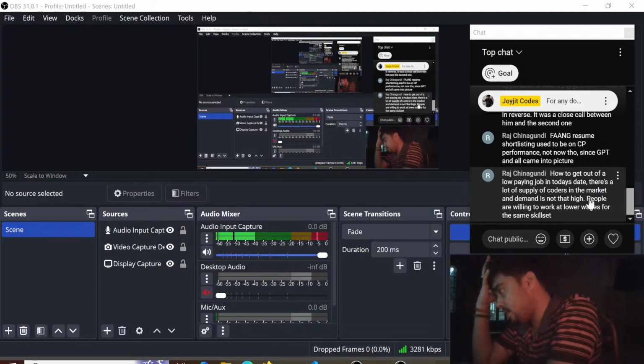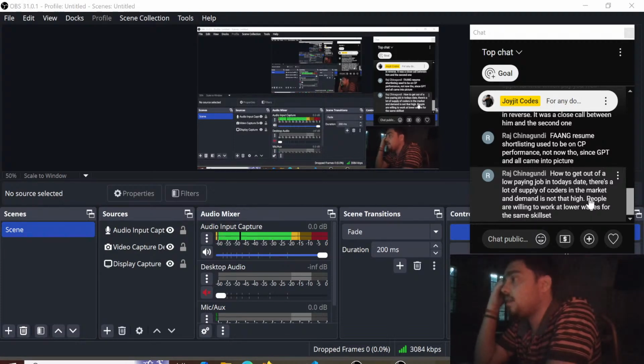If you think that not getting 20 LPA is a low paying job, that's a different thing. And if you're happy with 5 LPA, that's not a bad thing if I'm talking about base, I think. It's whatever you're prioritizing for yourself.